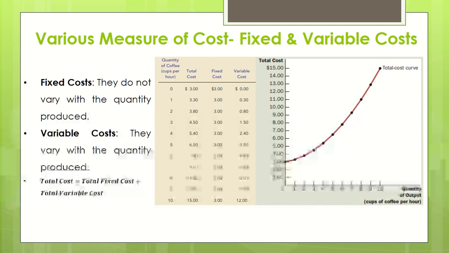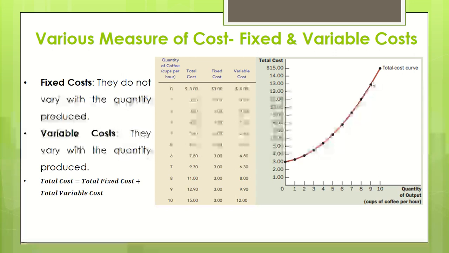Now look at the graph of total cost curve, this one, where on x-axis quantity of output is present and total cost is present on y-axis. By joining the points of quantity of output produced and total cost, we can get total cost curve as we did before in the previous lecture.